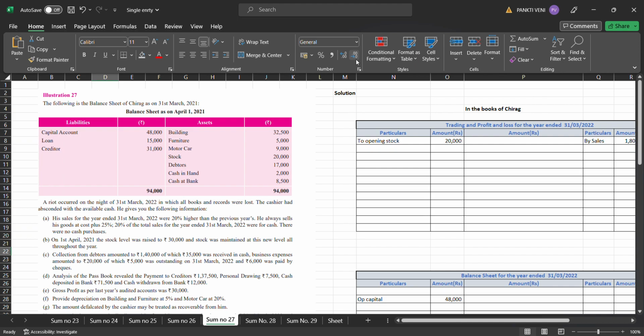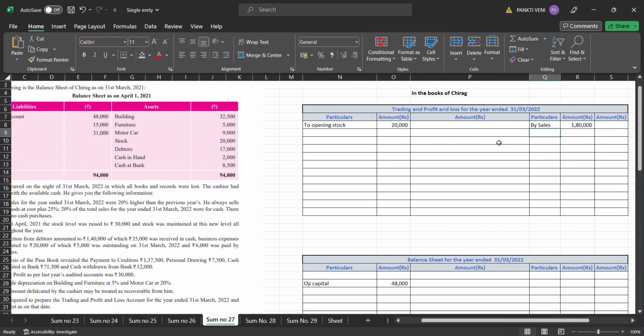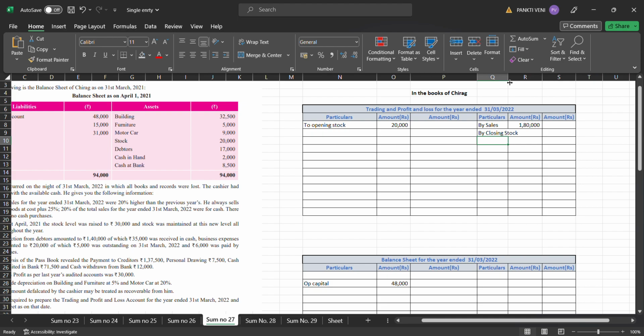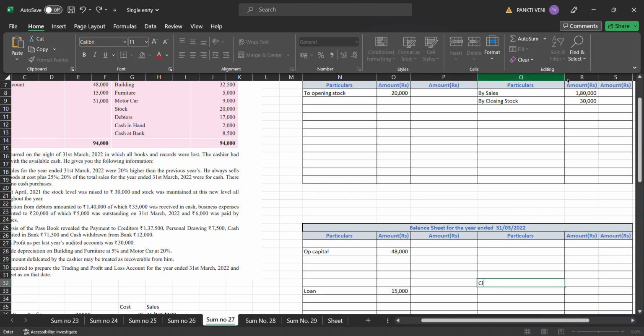Then on 1st April, stock level was raised to 30,000 and stock was maintained at new level all throughout the year. So we have 30,000 as stock. So for closing stock we have 30,000.